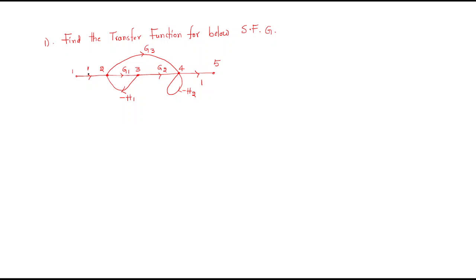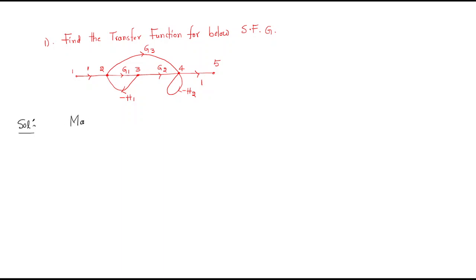Here the branches are 1, 2, 3, 4, 5, and the gains are 1, 1, g1, g2, g3 and 1. In order to find the transfer function of this system, we have a formula.